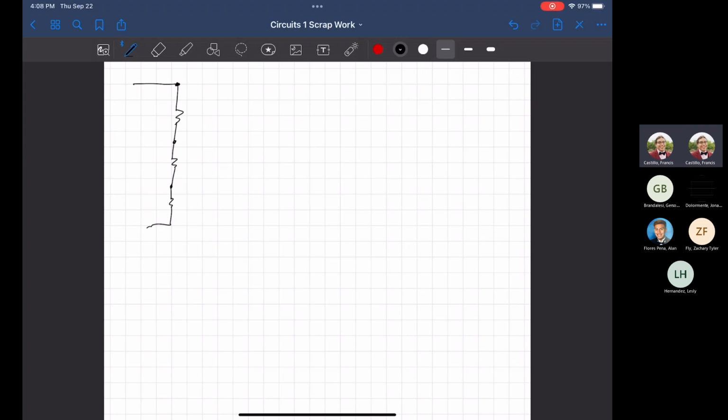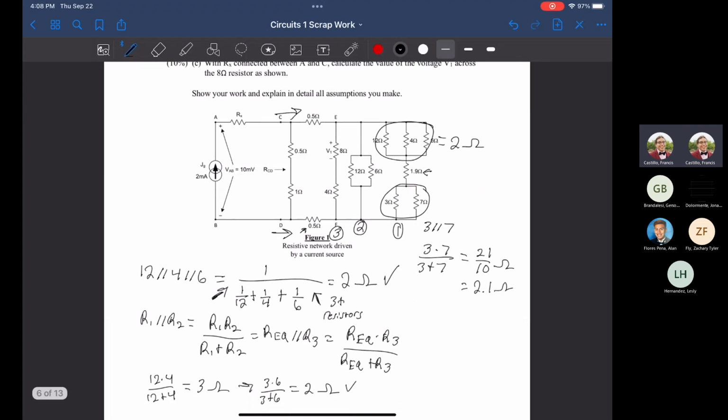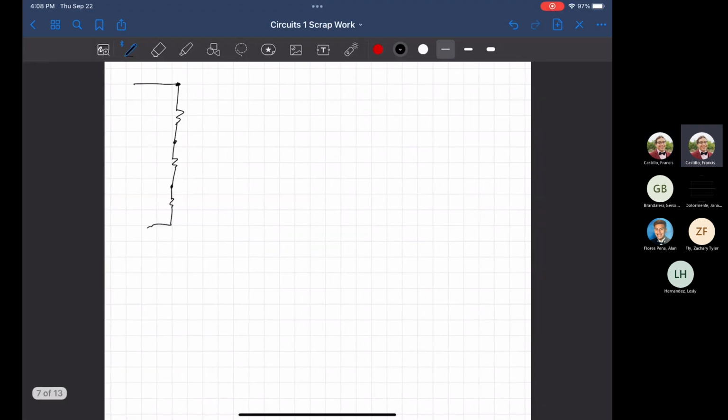So this top one should have been 2 ohms, 1.9, and 7. Guess what? It's in series, so it's just a straight summation of them across, which is going to get us 10.9 for this entire resistive branch.